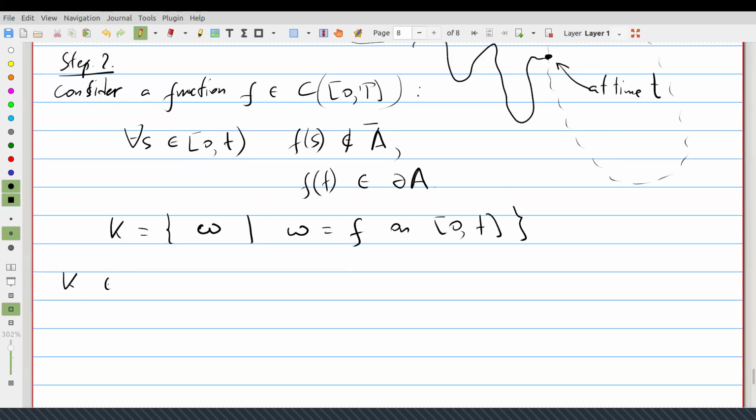Now K belongs to F^W_t, by the definition of what F^W_t is: exactly the information that is available at time t and earlier.